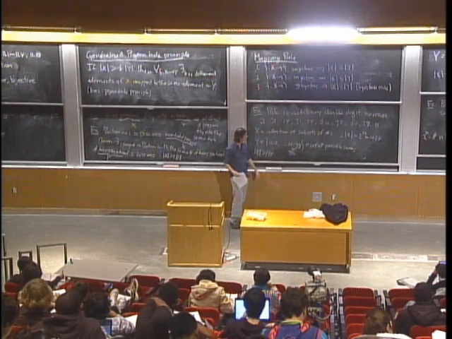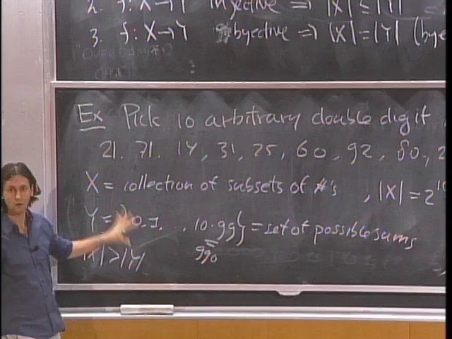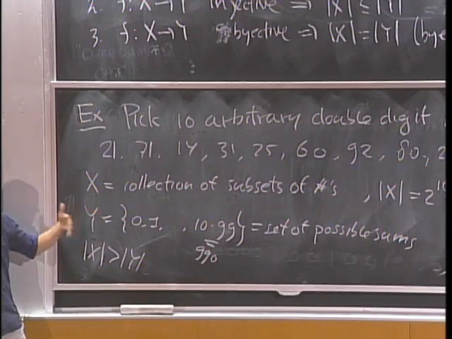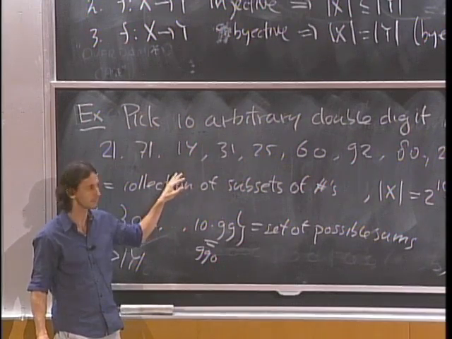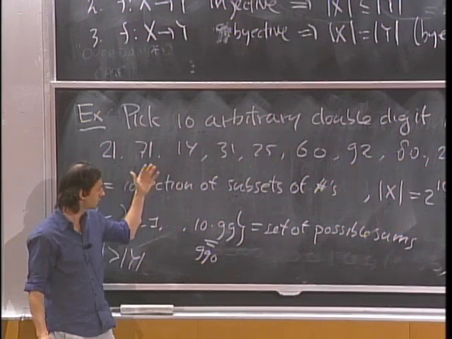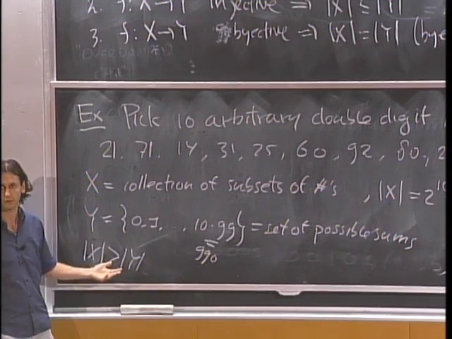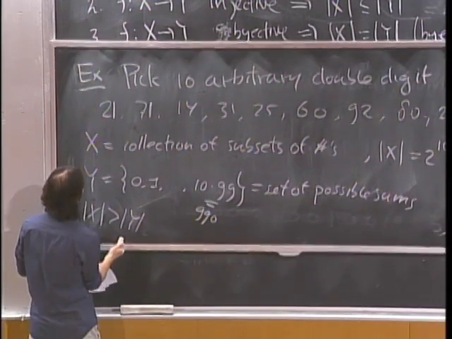So now we have shown that even though we have not shown any particular example that demonstrates this claim that there are two different subsets that have the same sum, we still got a proof using counting that this is true. So this is called a non-constructive proof.